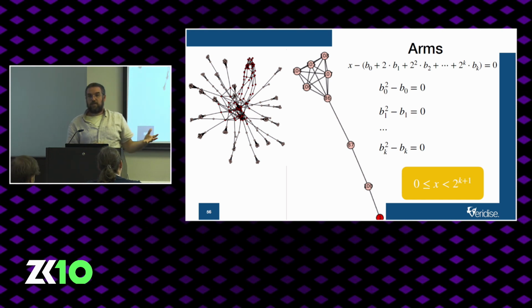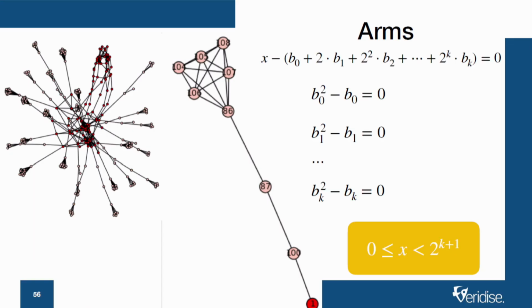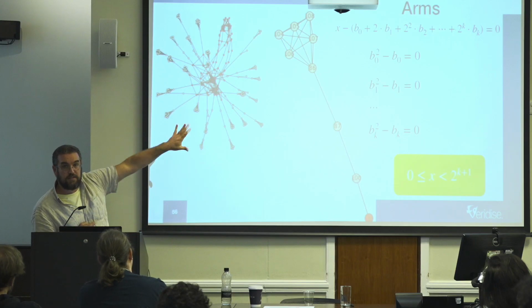The corresponding equations that form this arm just say that x has a binary expansion, so I can write it as a sum of bits by multiplying with consecutive powers of 2, and each of these b0 up to bk are bits. So what a whole arm like this says is that the variable where the arm connects to the body is constrained to a certain interval. If you want to express this range analysis using polynomial equations, this is how it would look.